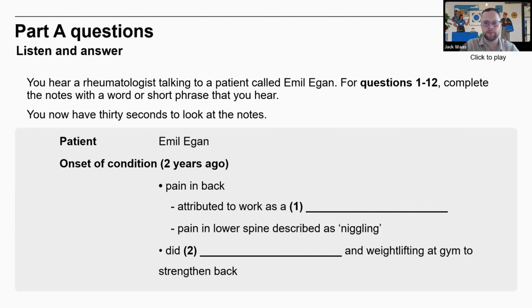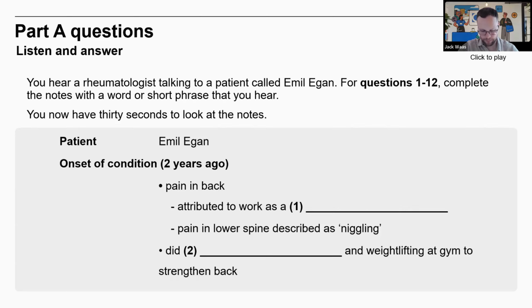So, Emil, I understand you've been having problems with your back. I've got your notes here, but it would be good to hear your perspective. Could you run through how this started, what treatment you've had, and anything else you think I should be aware of? Sure. I've been getting back pain for around 2 years. It all started when I got a job as a bus driver. I've always done a lot of driving, but it had never been my main occupation before.